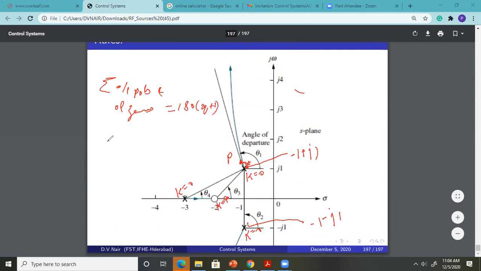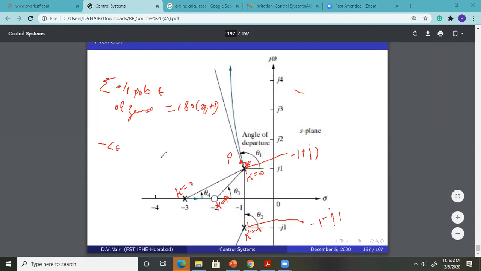Then let us find out what this is going to be. So what is the angle made at point P by the complex pole -1 plus J1? What is the angle made? It will be minus epsilon. Or let me call it some angle epsilon.